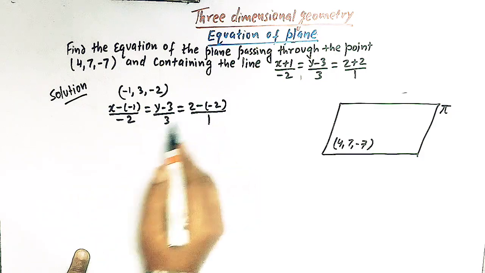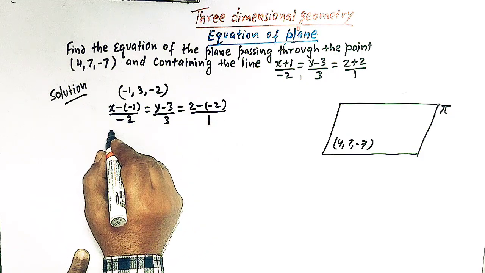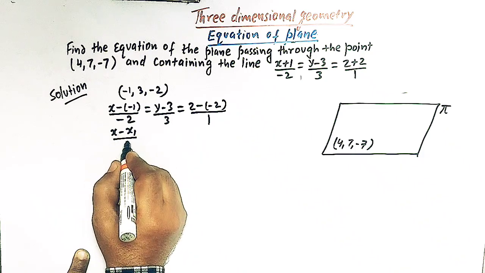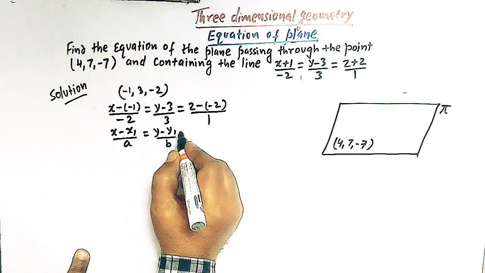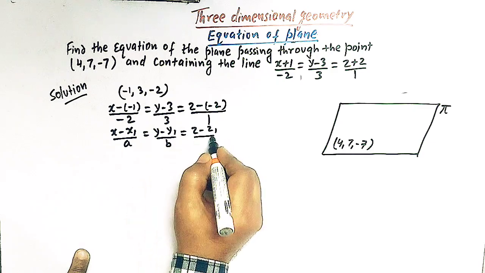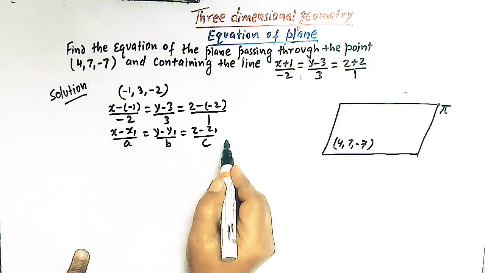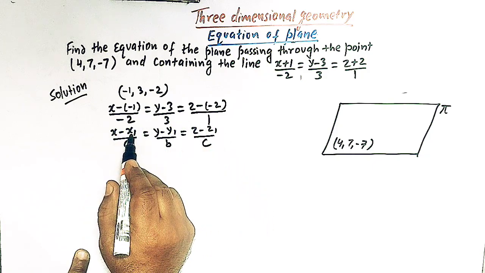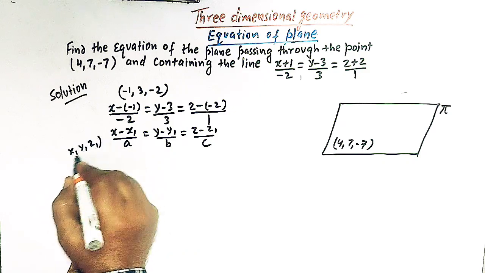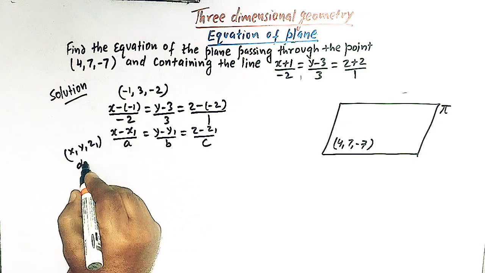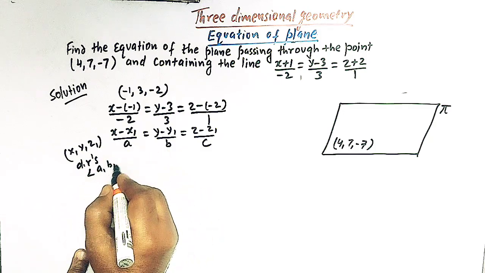See here the equation of a line in symmetric form may be written as (x - x1)/a, (y - y1)/b, and (z - z1)/c. So whenever we are given the equation of a line in this form, then the line passes through this point, that is (x1, y1, z1), and the direction ratios of the line are given by a, b and c.